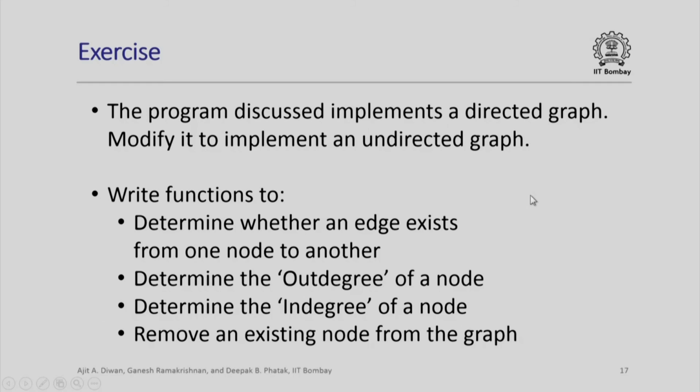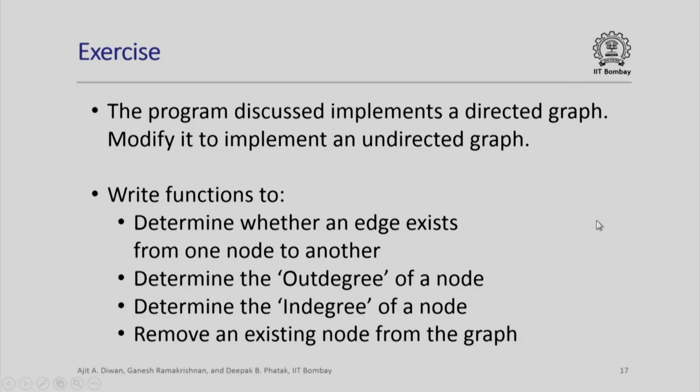As an exercise, try to implement a program which takes a directed graph description from the user and modify that program to implement an undirected graph. There again, try to write functions to determine whether an edge exists from one node to another, or determine the out degree and in degree of a node, or remove an existing node from the graph. So, these are simple exercises similar to what we have already done.